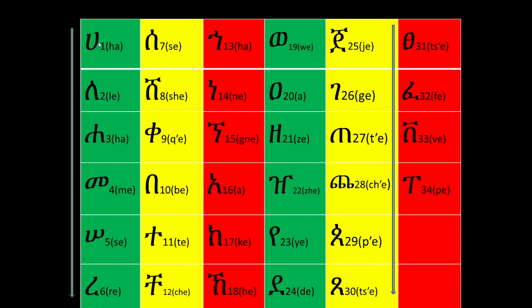From the top: ha, le, ha, me, se, re, and so on. Tse, fe, ve, pe.